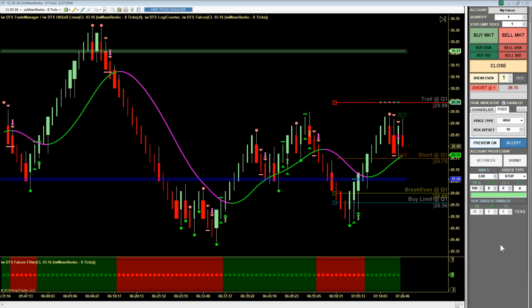Come on. Come on down. Come on. So the buyers coming up here a little bit. You see this bar had a little bit more width to it, so I know there's a little bit more volume associated with it. Likewise, this bar here had some volume with it, as did this one here. So I know there's some active selling going on.